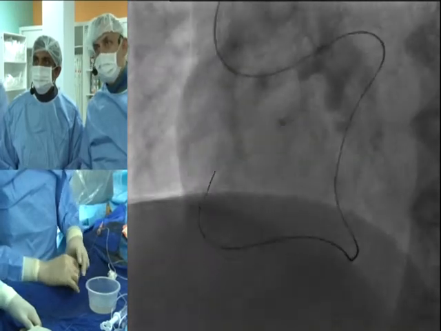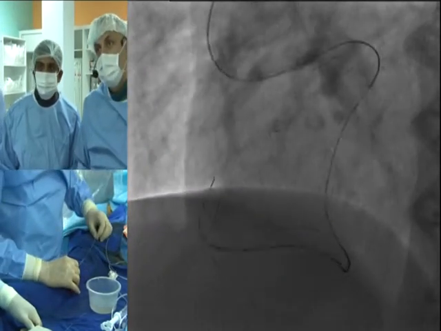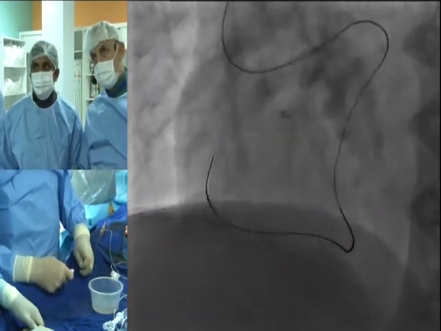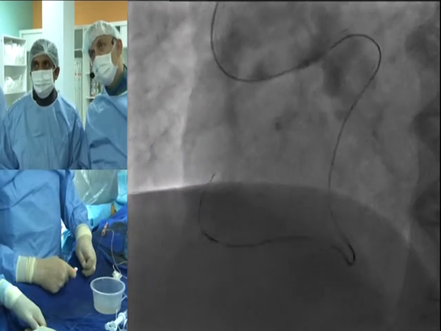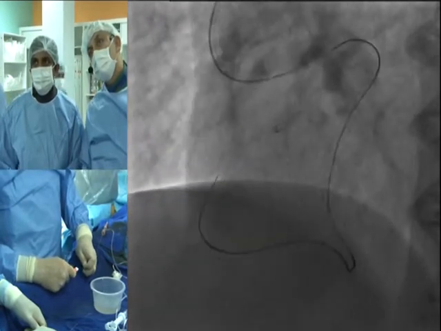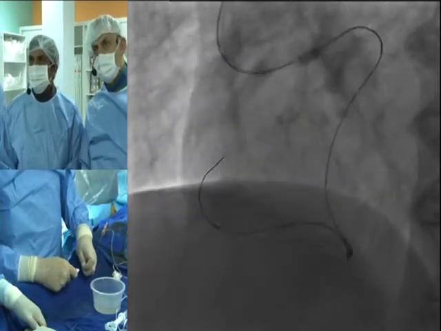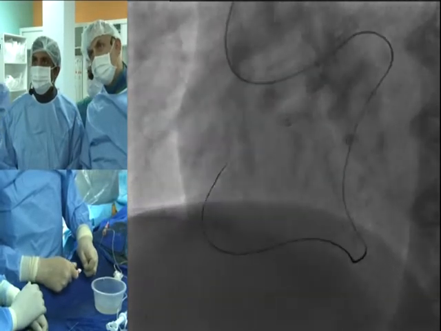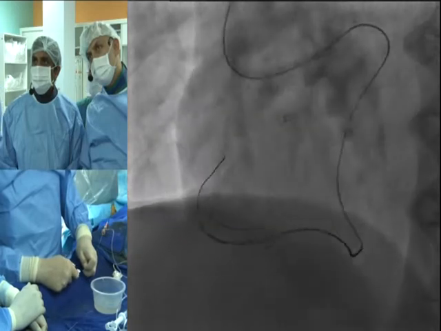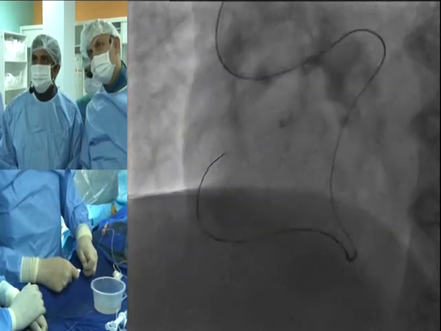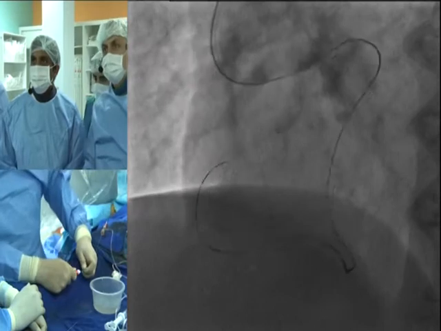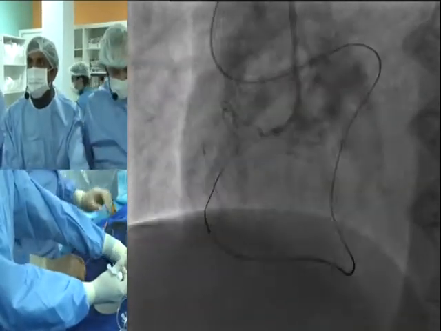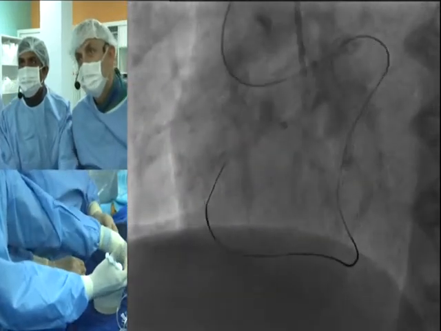This is another path. Now it looks like a different path here. This is for sure a little bit different one.